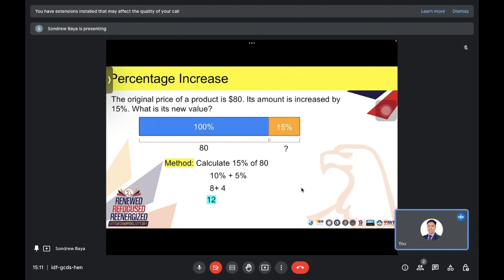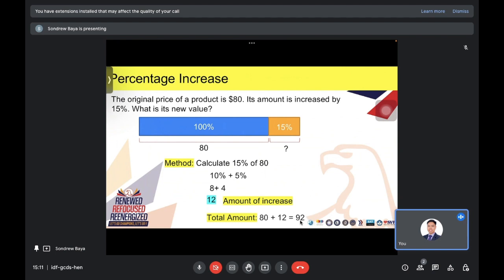Now, this is the amount of increase. So this is how much the value would be increased by. Now, the total amount would be 80 plus 12, or equal to $92. So the new price of the product is $92. And this is what percentage increase is.